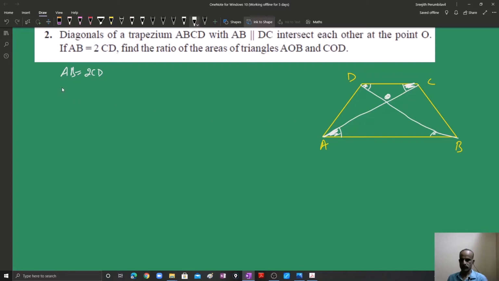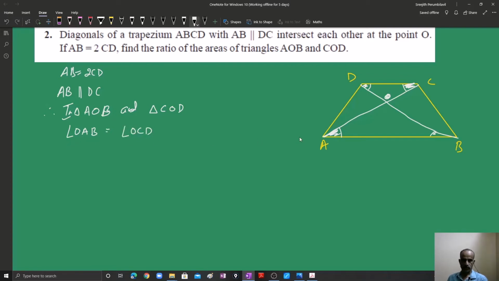Right. AB is parallel to DC. Therefore, in triangle AOB and triangle COD, we have angle OAB is equal to angle OCD.